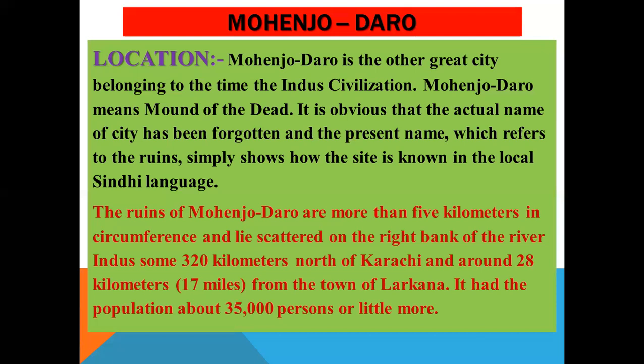This population comprised people from all walks of life, like rulers, priests, peasants, smiths, shopkeepers, porters, and workers who can be identified from the remains they have left behind. It means every type of people were living in the location of Mohenjo-Daro.